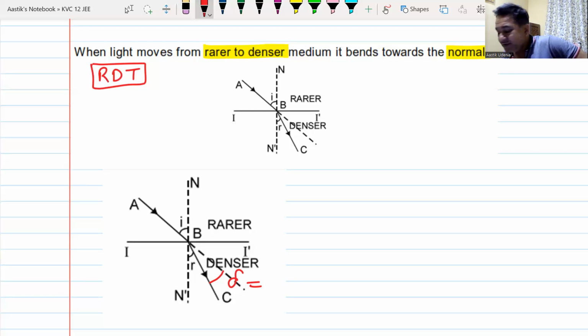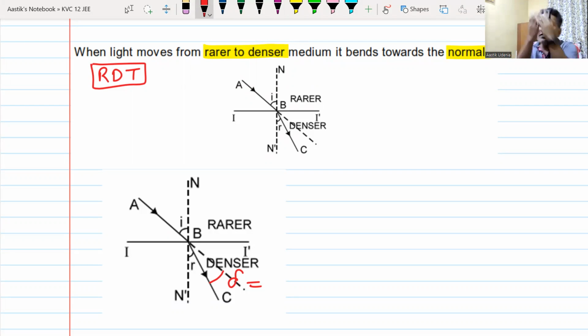In the first case, deviation was R minus i. What is the deviation here? R plus i? Arey, look at the diagram. You are a math student. Look at the diagram, dear friends.